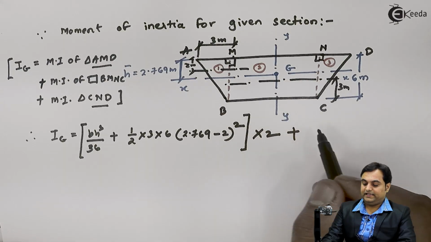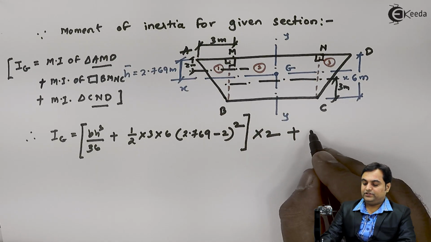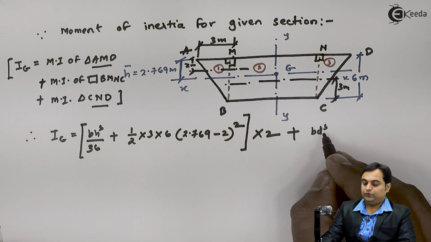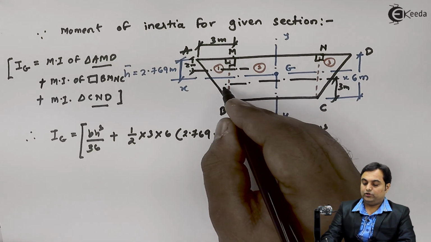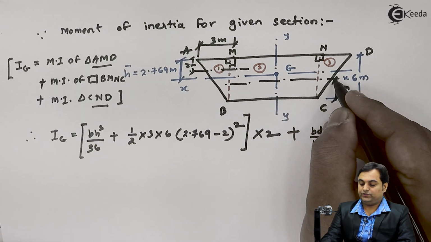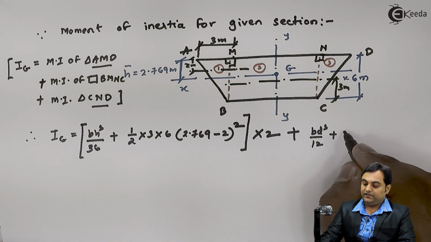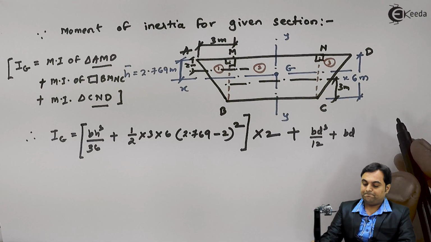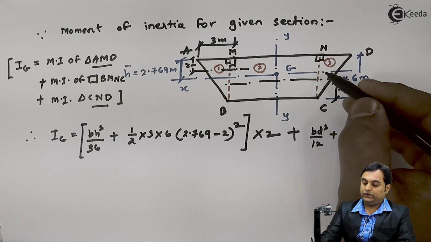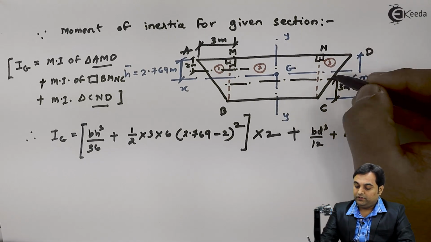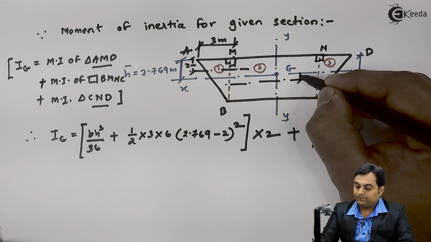So for this rectangle, we know that the moment of inertia is given by the formula BD cube by 12, that is about the horizontal axis in black, which I have shown here. This is for the rectangle, plus its area, that is B into D, into H. Now H is the difference between these two axes.